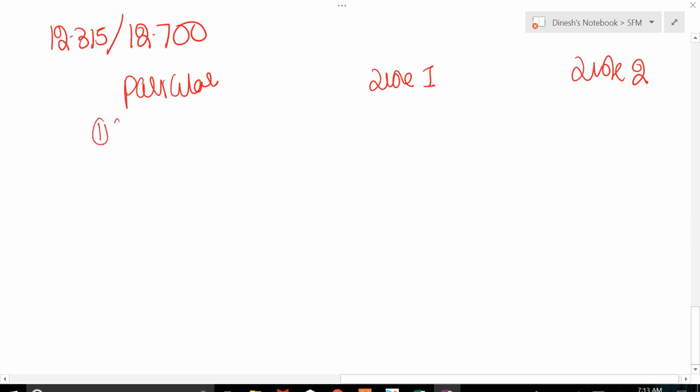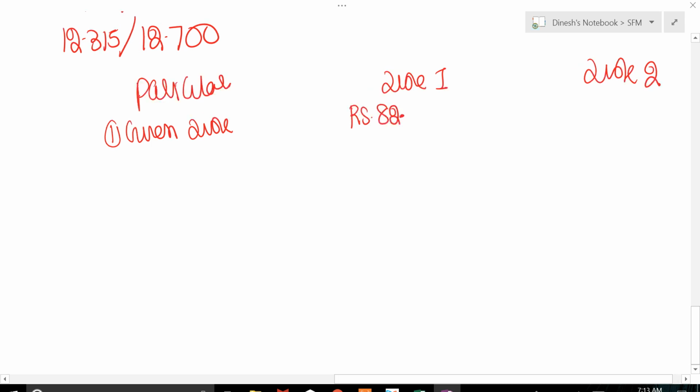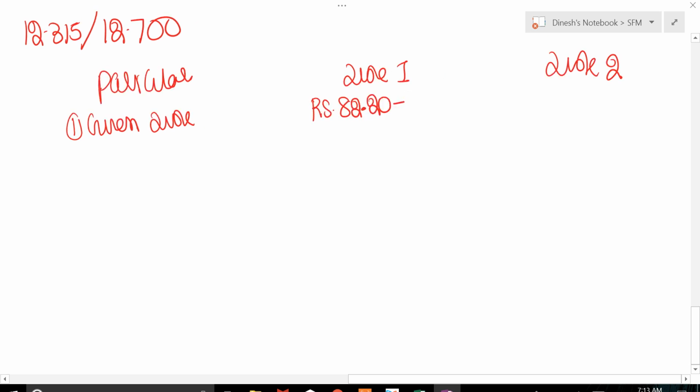What is the given quote? 82.20-70. Let me interpret it and write the full number: 82.70 rupees per GBP. The given quote in the question is 82.20-82.70.